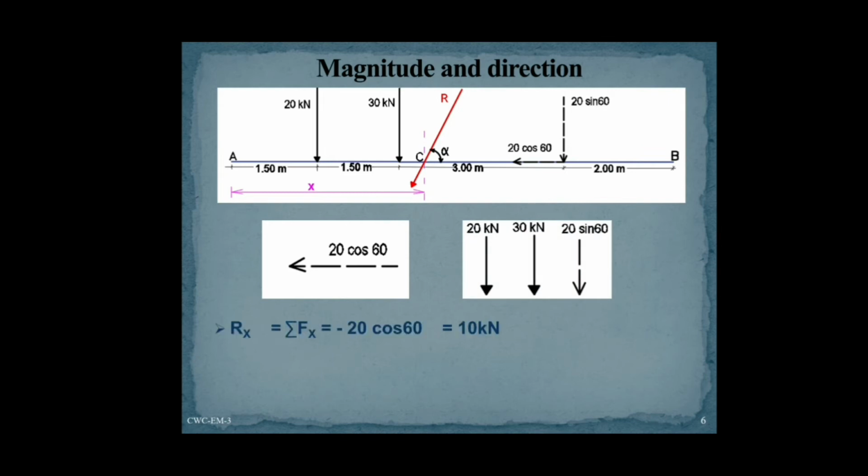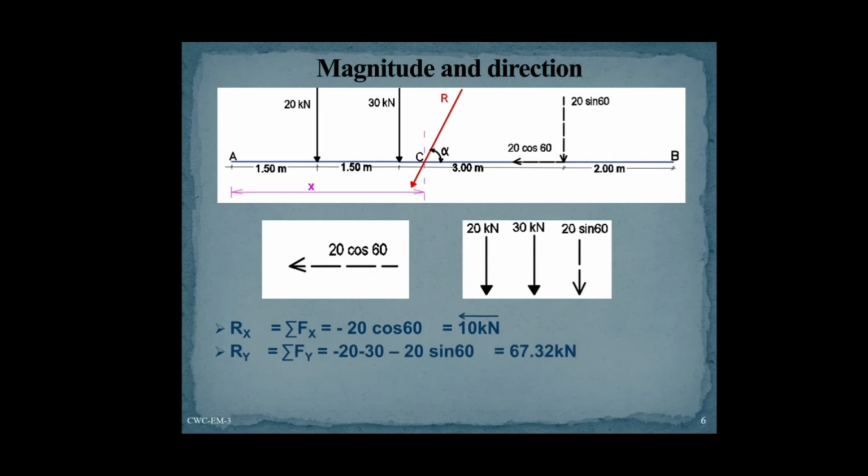Here we can see there is one horizontal force and three vertical forces. Let's add up the horizontal forces to get Rx, that is the horizontal component of the resultant. Since the horizontal force is a leftward force, we can mark it as minus 20 cos 60, which will give a value of 10 kilonewton acting leftward.